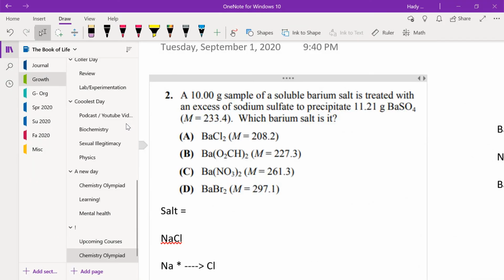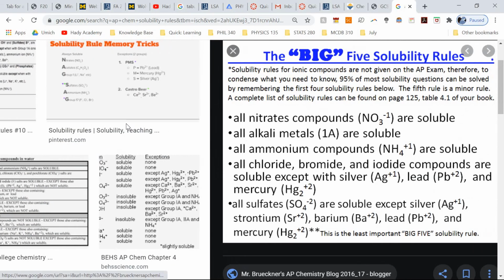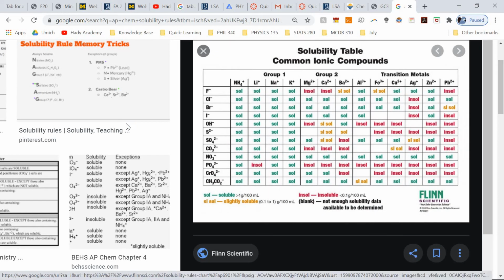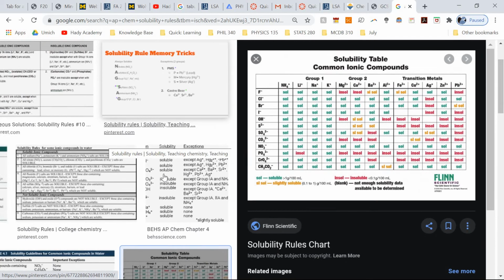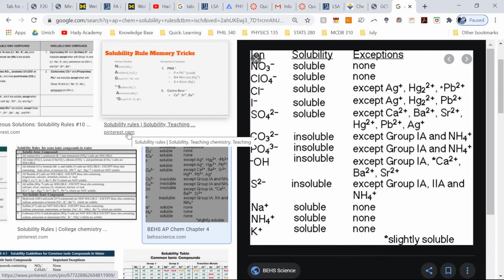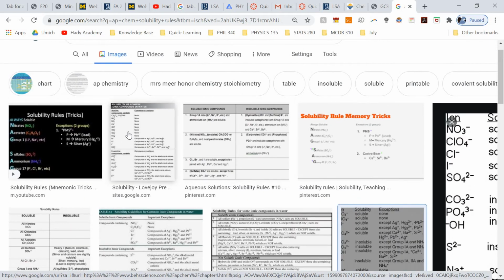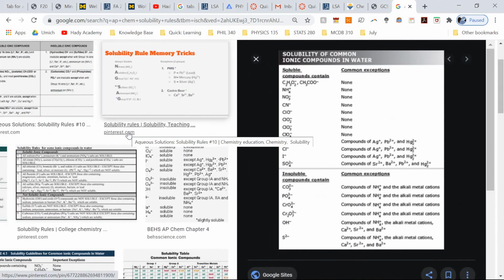So I might just pretend that every choice they gave me was soluble. It just seems that way.